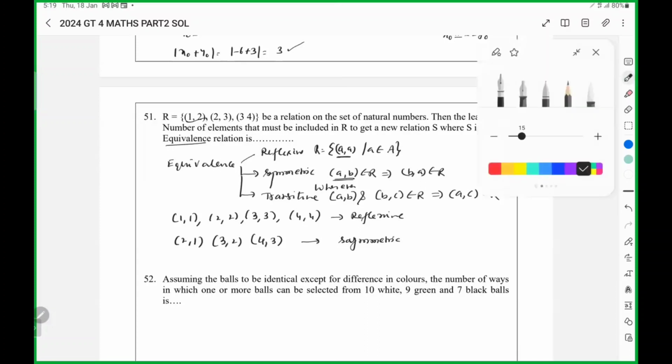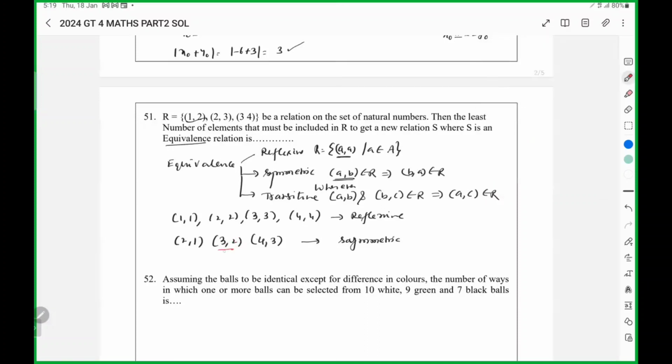Now, if you consider 3, 2 and 2, 1, so ab and bc, ac must be there, 3, 1 must be there. 4, 3 and 3, 2, 3, 2 must be there.